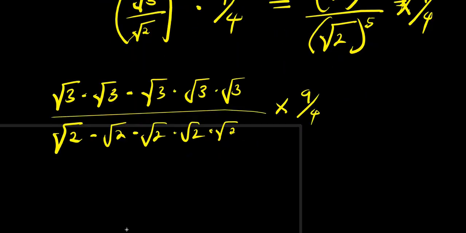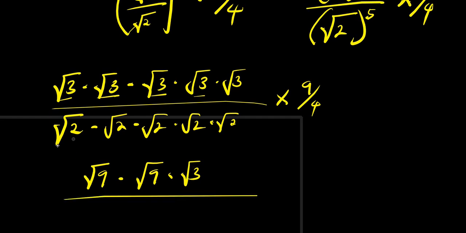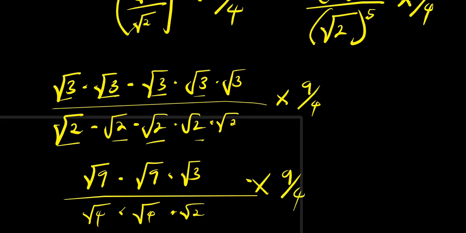So square root of 3 times square root of 3 times square root of 9 times square root of 3 divided by this square root of 2 times square root of 2 times square root of 4 times square root of 2. This is times 9 over 4.